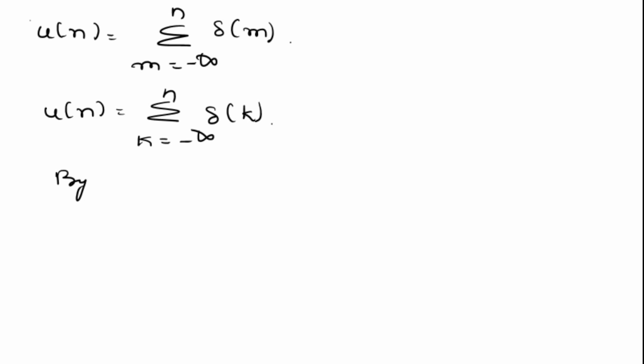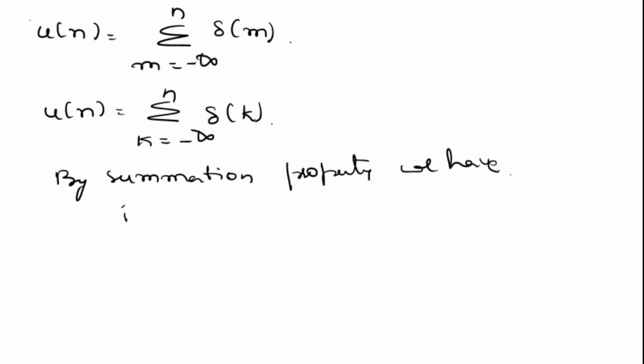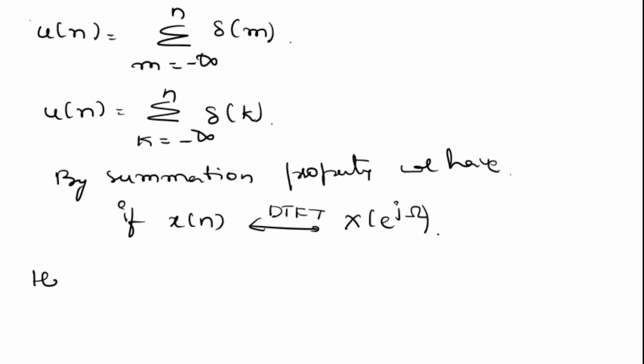By summation property, we have, if x of n, if we take DTFT, we get X of e power j omega, then y of n is equal to summation k is equal to minus infinity to n x of k.